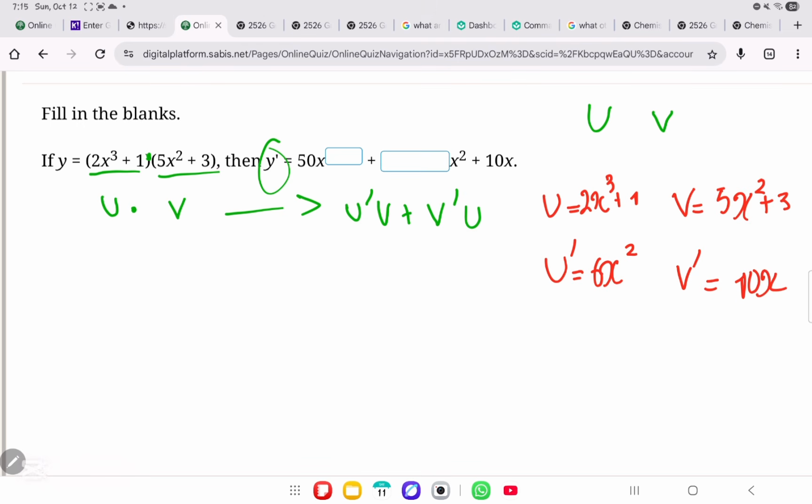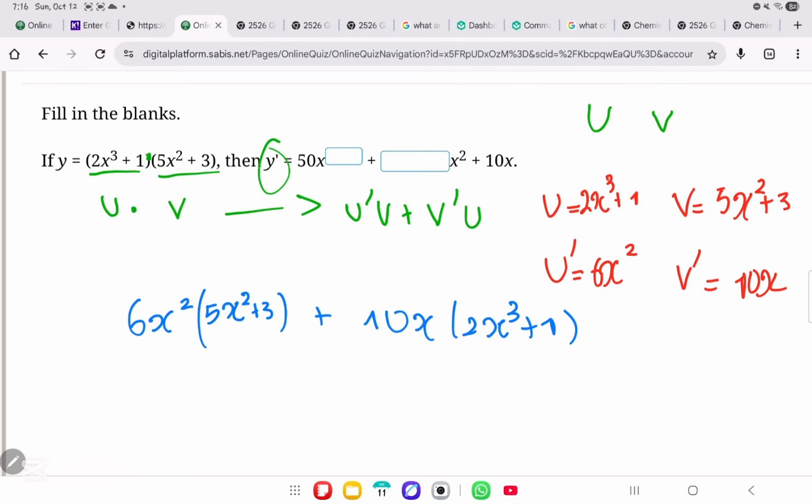Now what do we do? We apply the rule. U times v gives us u prime v plus v prime u. So we start 6x squared times v, which is 5x squared plus 3, plus v prime u, so 10x times 2x cubed plus 1. Now we just need to solve, okay?